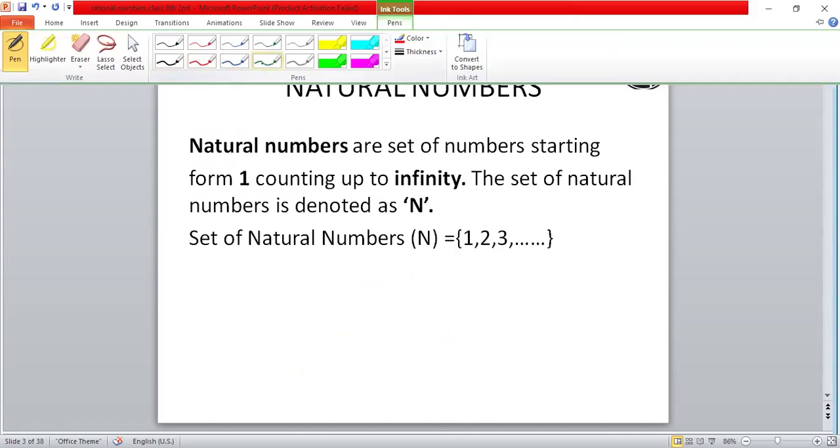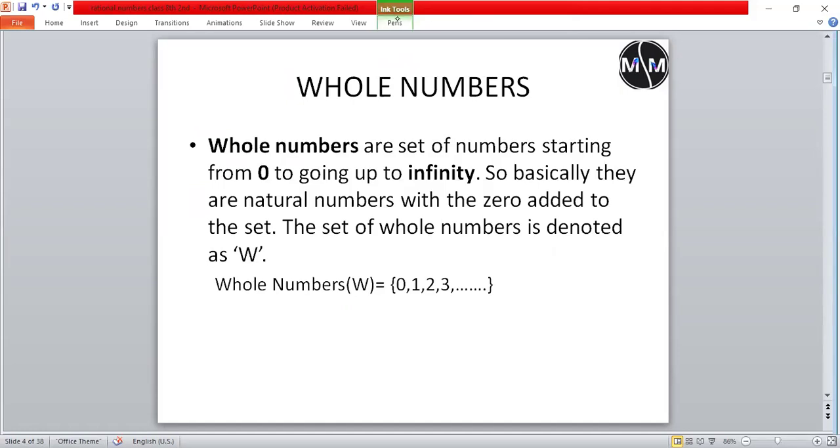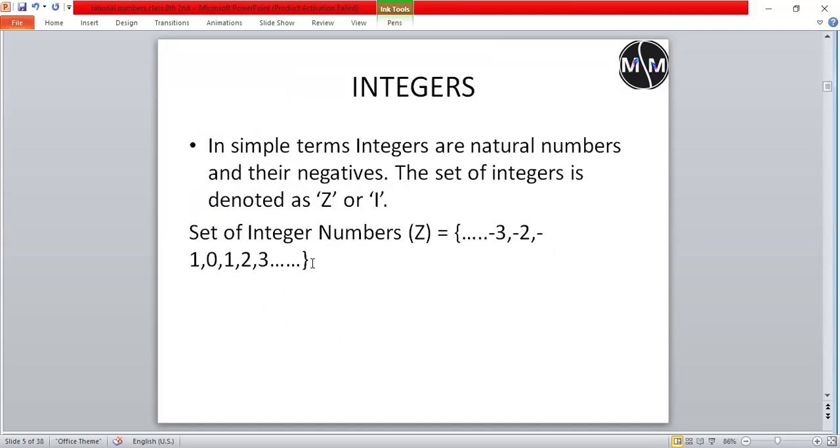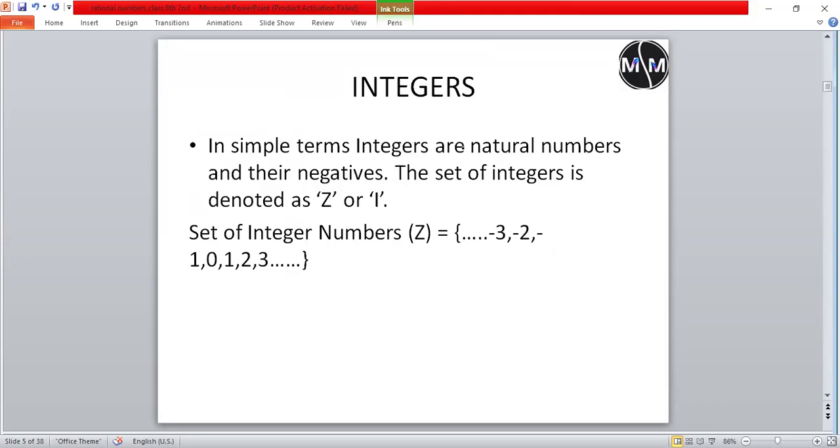In our previous lecture, we studied that natural numbers are denoted by N, which start from 1 and go up to infinity. Whole numbers start from 0 and go up to infinity, denoted by W. Integers are the natural numbers and their negatives, denoted by Z or I, starting from negative infinity and going up to positive infinity.